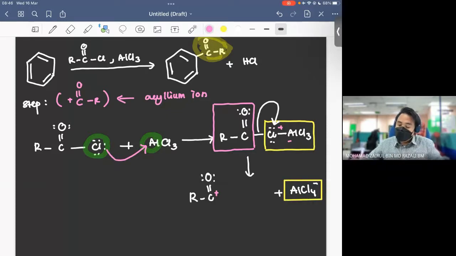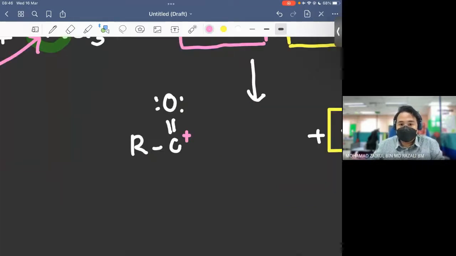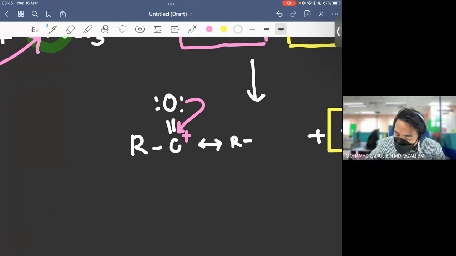Okay. So tapi awak tengok. Kalau awak ada lone pair dekat atom tu dan atom tu ada double bond, dia boleh delocalize tau lone pair tu. Dia boleh form resonance. So apa yang akan berlaku adalah dia boleh donate a pair of electron dekat C+. Dia form satu lagi resonance structure.